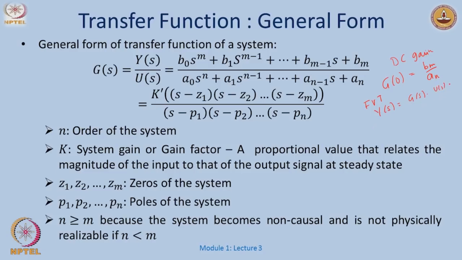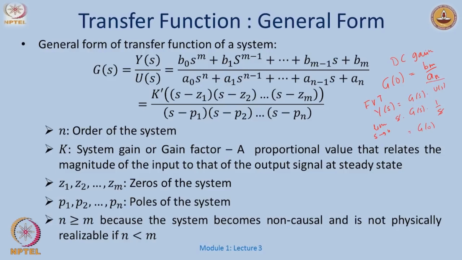So, when U(s) is a step and I apply the final value theorem, s going to 0, s times G(s) times U(s), what is U(s) for a step input? It is 1 over s. So, these go away, and what I am left with is G(0). We will refer to this as the DC gain of the system, computed as Bm over An.